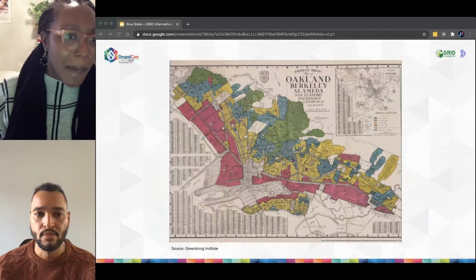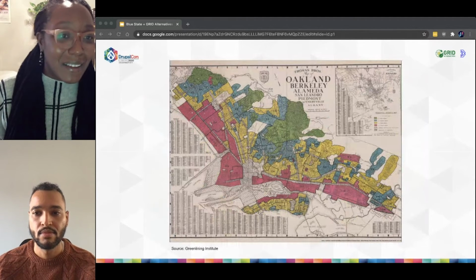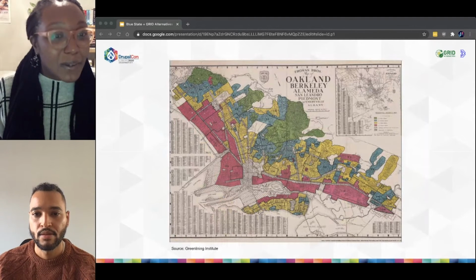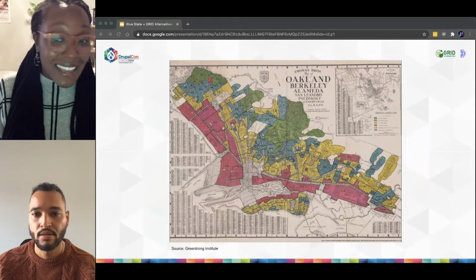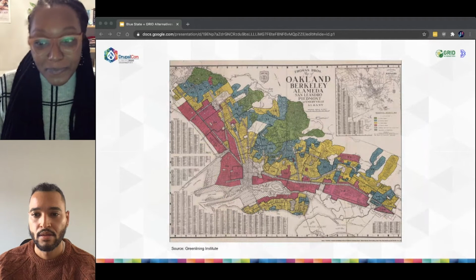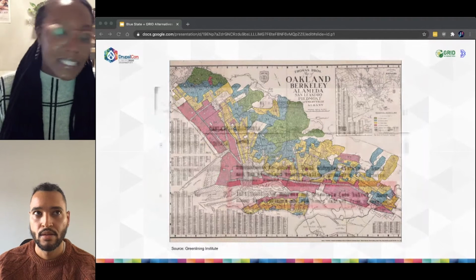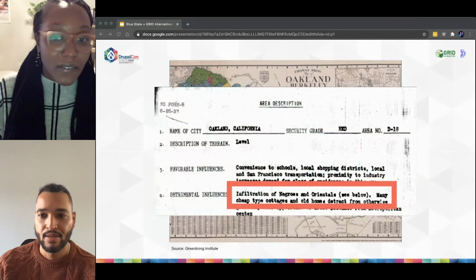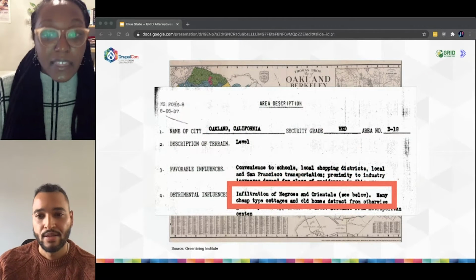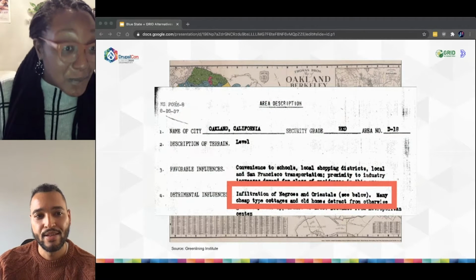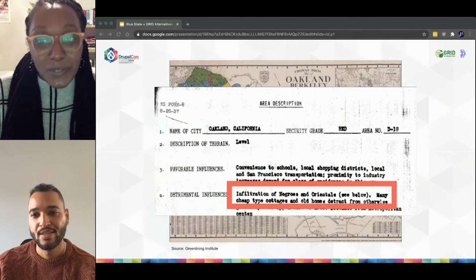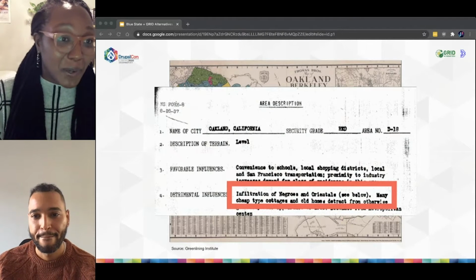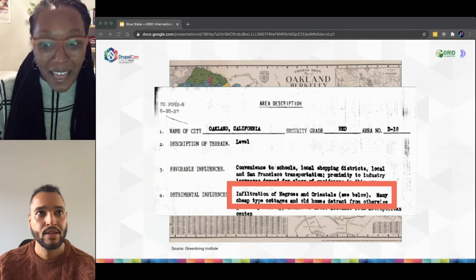So the colors on the map basically mean, green is best, blue is desirable, yellow is declining, and red is hazardous. And it signifies the level of risk of lending money to that part of a city. The primary indicator of risk was race, and this is auditor's notes from Oakland, California, and what you were just seeing was the redlining map of Oakland, Berkeley, and Alameda in the Bay Area of California.